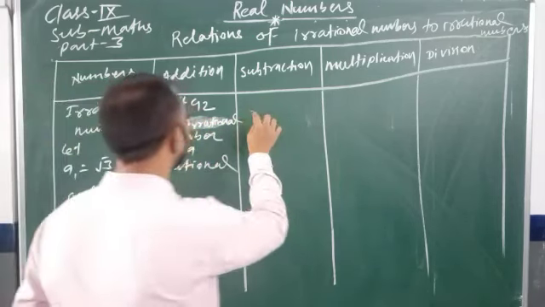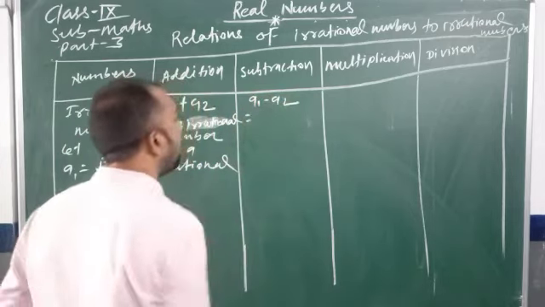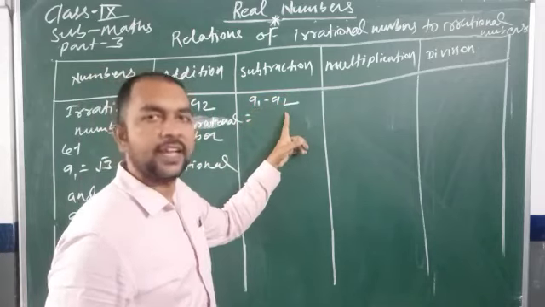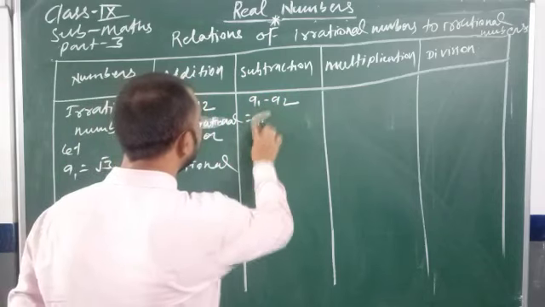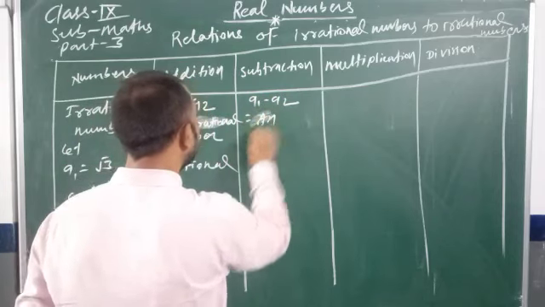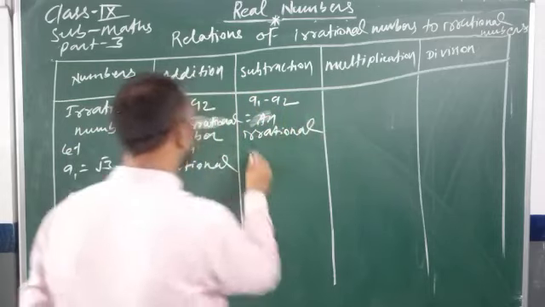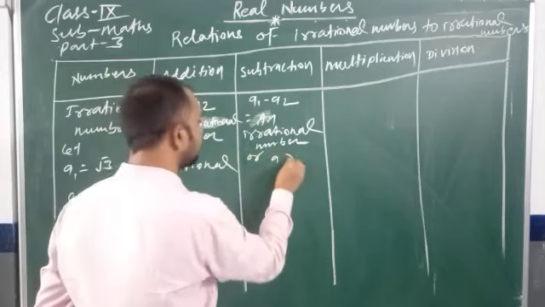The second operation is a1 minus a2, means an irrational number subtracted by another irrational number. So the result will be an irrational number or a rational number.